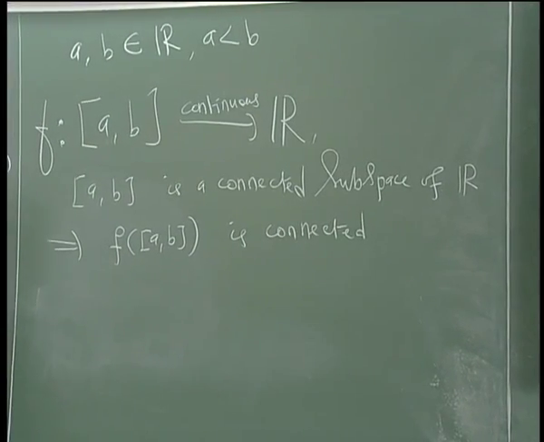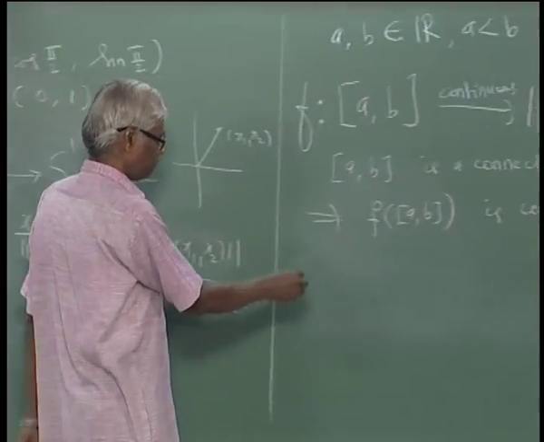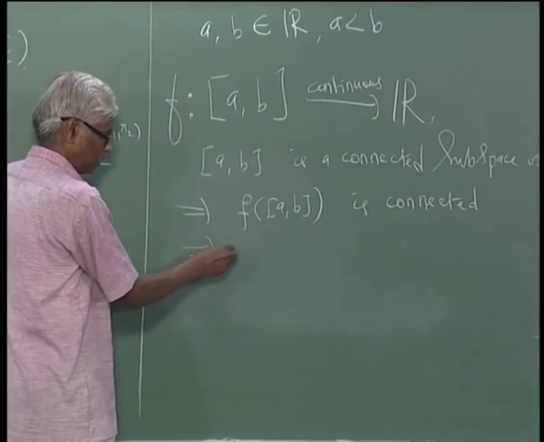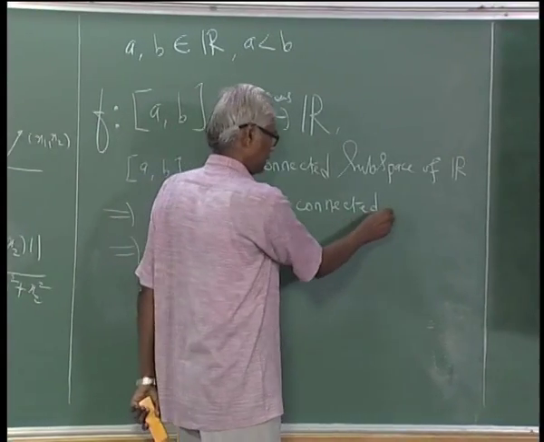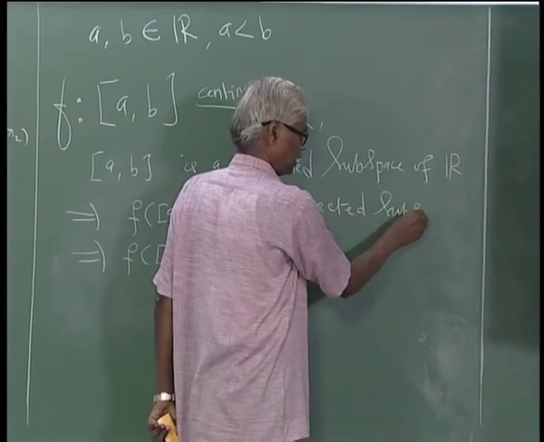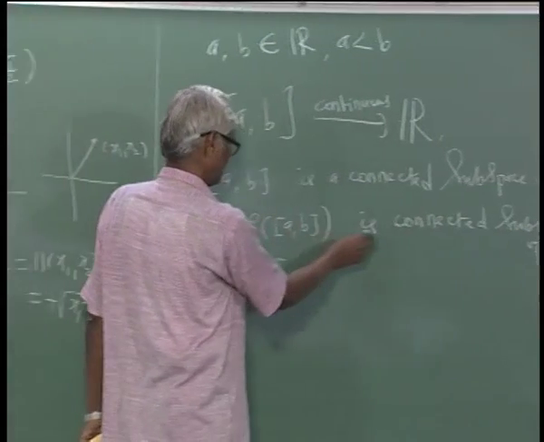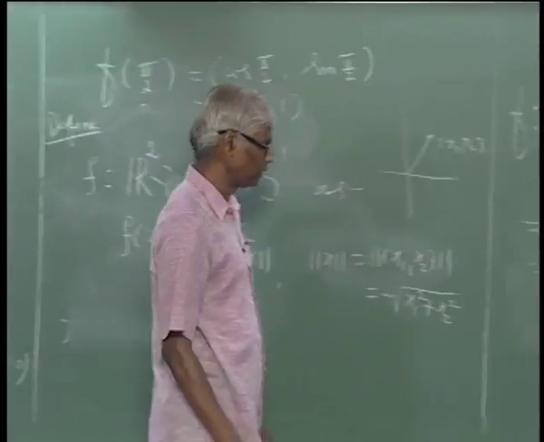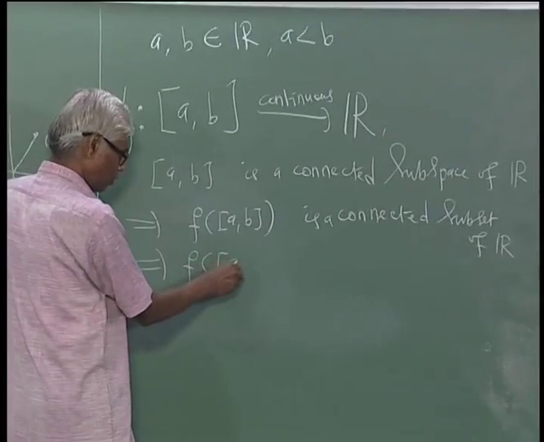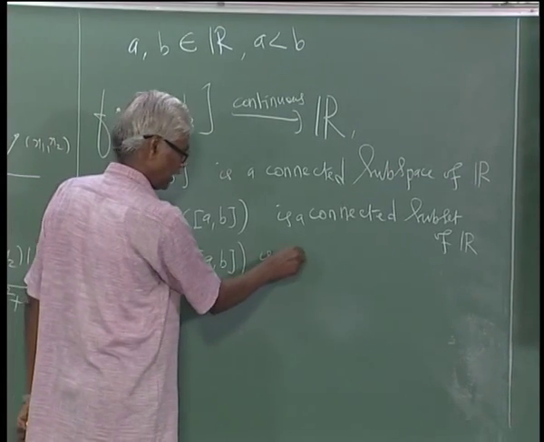We know that intervals are the only connected sets. This implies that f of the closed interval is a connected subset of the real line R, which implies the range is an interval.